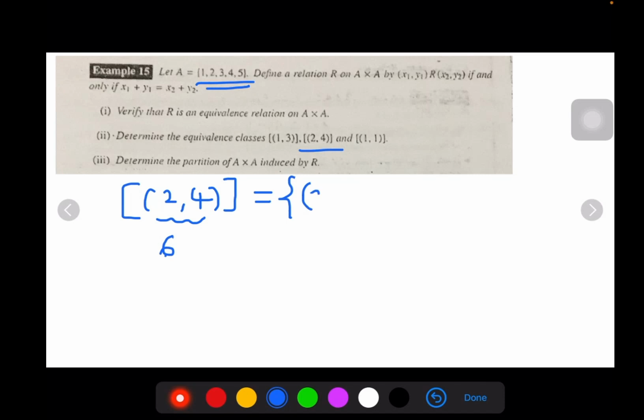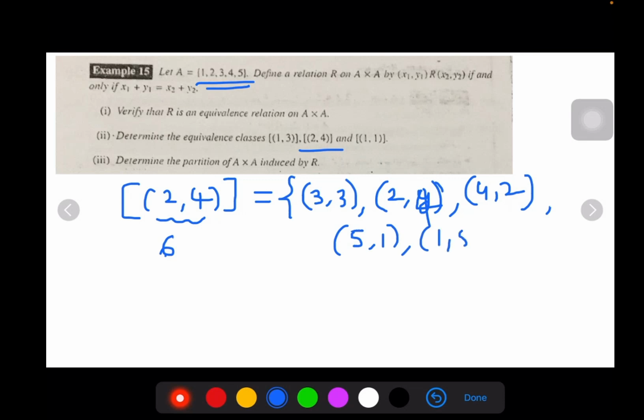What are all other possibilities? 3, 3, right? 2, 4 itself. Okay, 2, 4 which is already taken. The same element can be taken. 4, 2 also, right? Any other combinations to give 6? Yes, 5, 1 and 1, 5, right? No other possibilities? Yes, that's all.